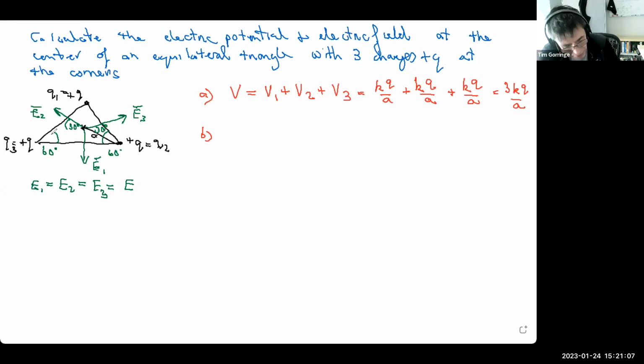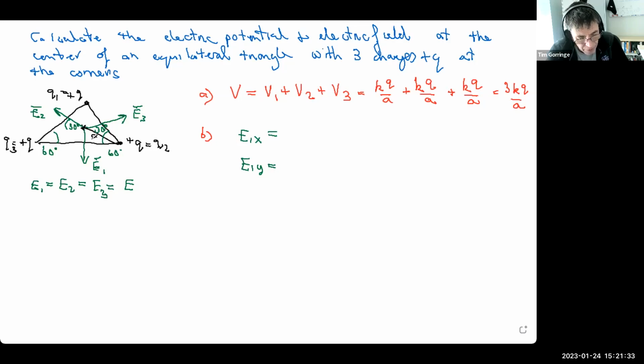So let's start with vector 1, due to charge 1. I want E1x and E1y. 1 is the label for the charge, X and Y are the labels for the horizontal, vertical components. It's easy to see what these 2 components are, consulting our sketch.